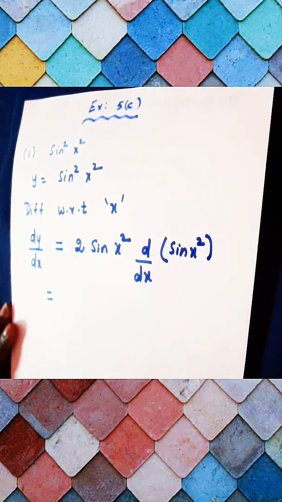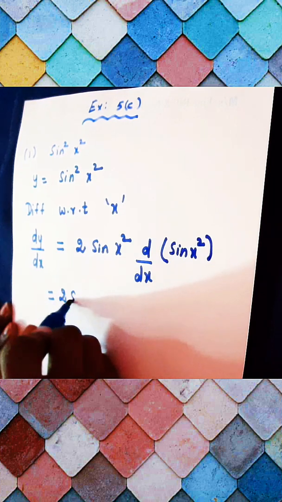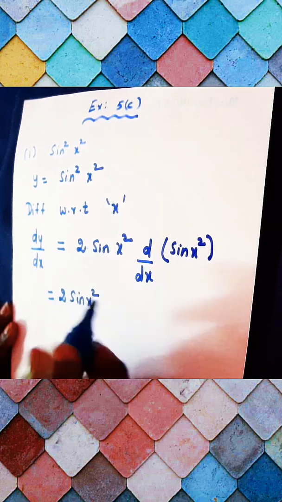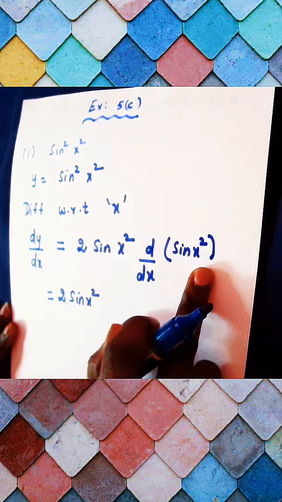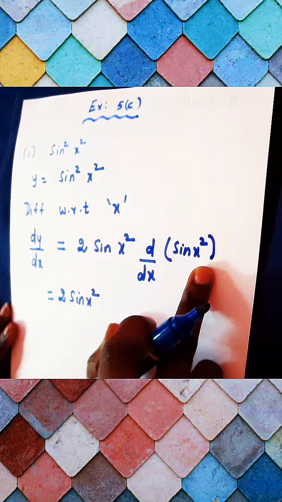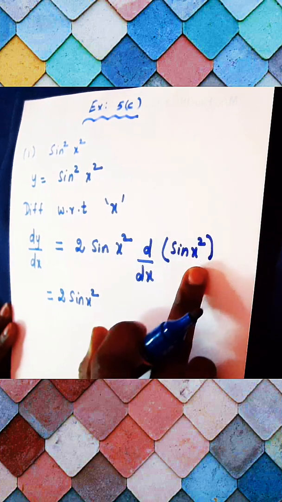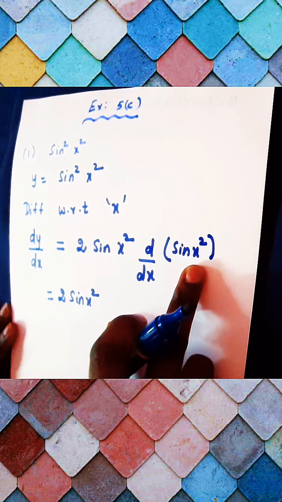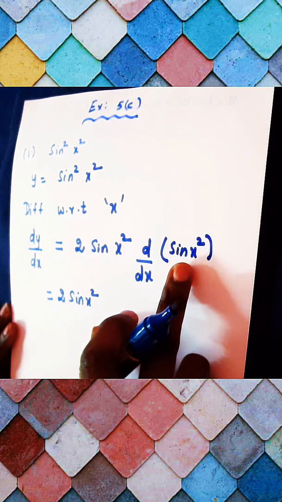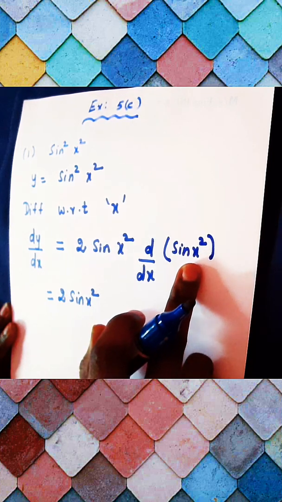Then what will we do? We'll keep 2 sin x square as it is. We have to differentiate sin x square. It is of the form sin x, but instead of x, you have x square. What is the differentiation of sin x? Cos x. In place of x, you have x square.